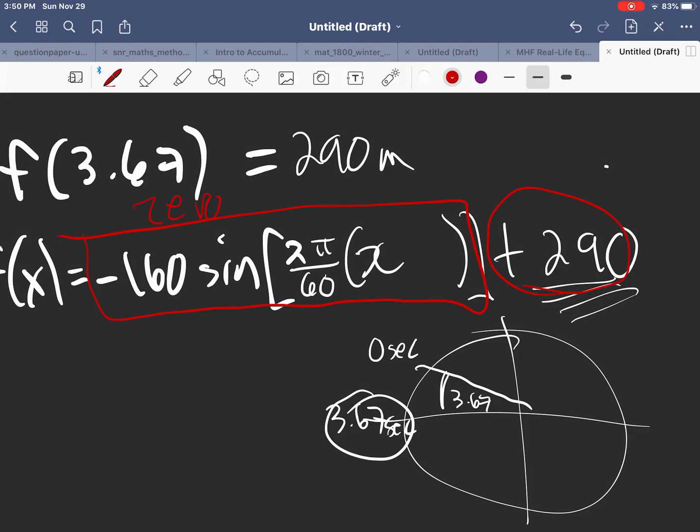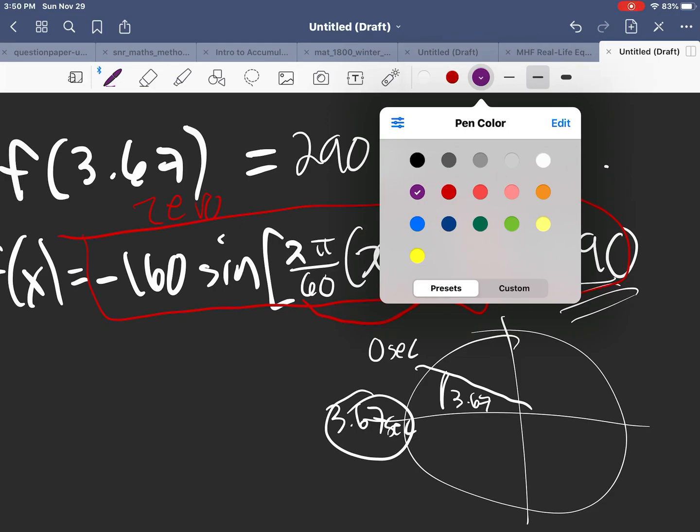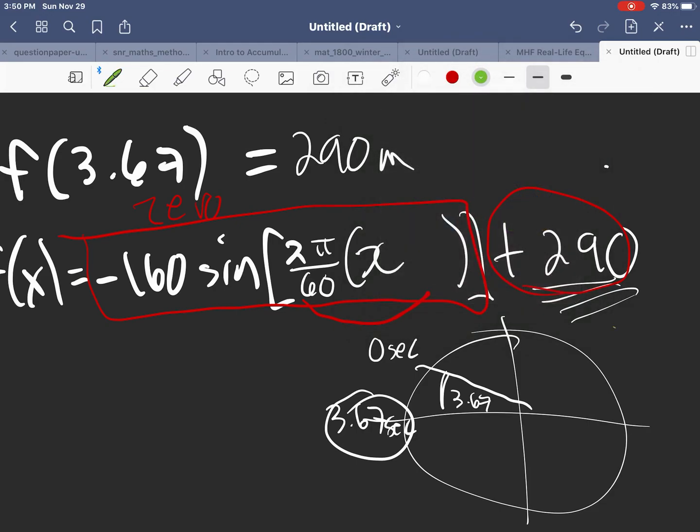What's the only time sine is worth 0? If the angle is worth 0. So what do I need this to be? Well, it needs to be x minus 3.67, because it'll be 0 for x equals 3.67.